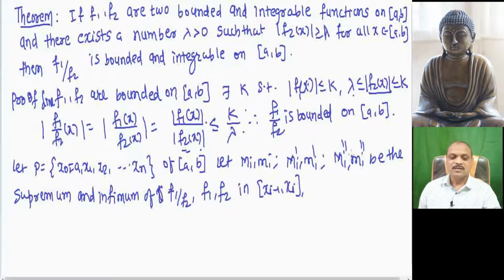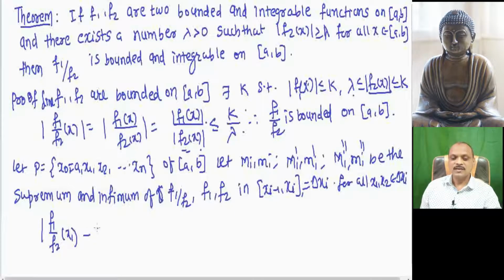Okay, then you know that this upper sum minus lower sum. Let us take f1 divided by f2 of x1 for all x1, x2 in delta xi, minus f1 divided by f2 of x2. What is this?